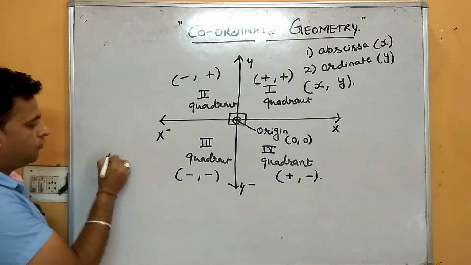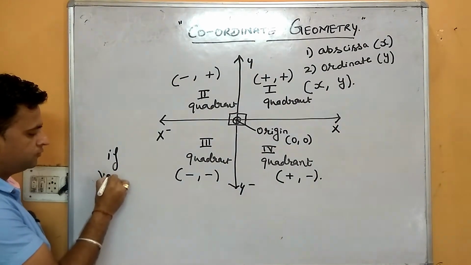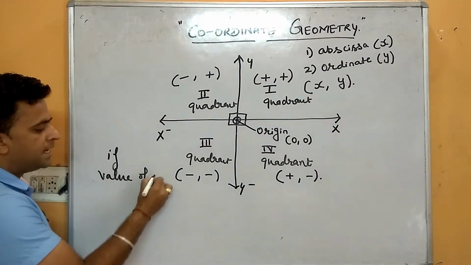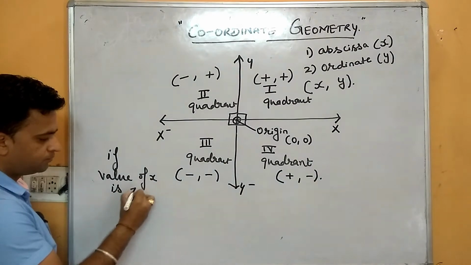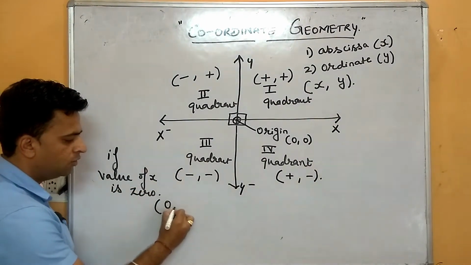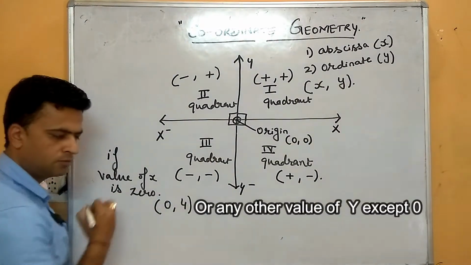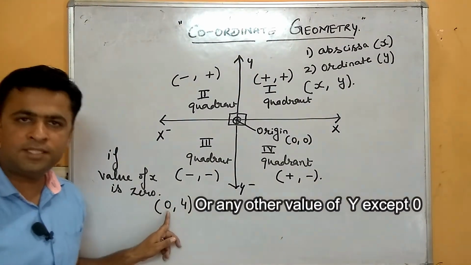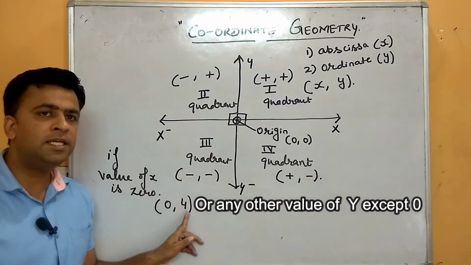If the value of x is 0, like 0 and 4, the value of x is 0, the value of y is 4.